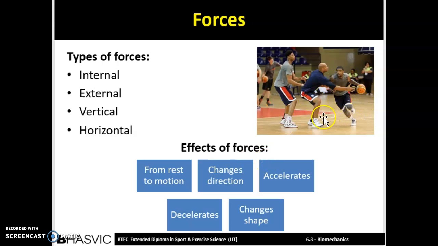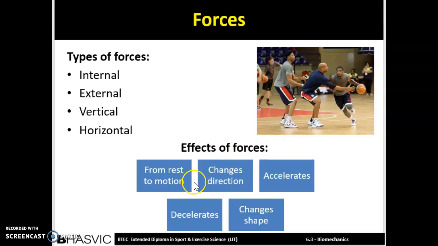And from these external forces, they can be categorized into either vertical or horizontal forces. Gravity would be a vertical force as it's pulling them down towards the ground, and a horizontal force could be air resistance, for example, or their plane of motion would be a horizontal force as they're trying to run down the basketball court.